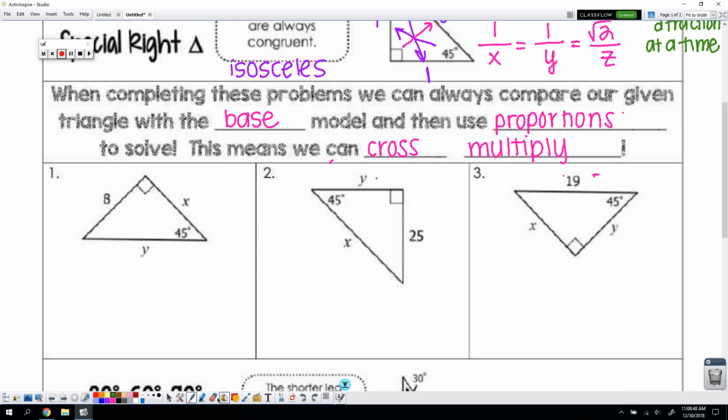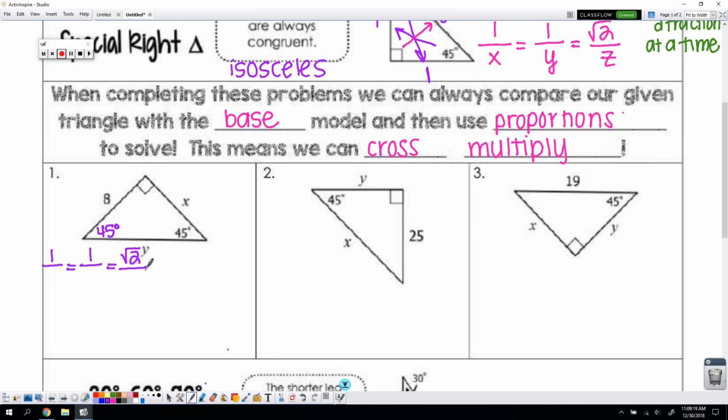Looking at number 1, what I would always do is find the missing angle. So it's 45, 45, and 90. Now I'm going to set up my base model: 1 over, 1 over, and the square root of 2 over.